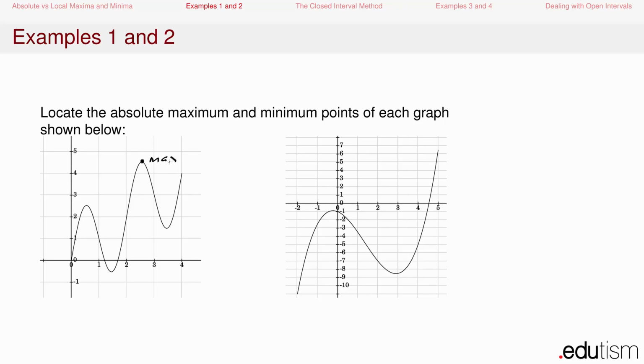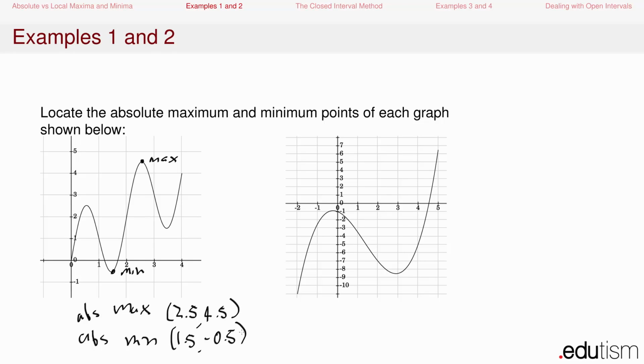That's going to be the absolute maximum point. The lowest point is down here, which is going to be the absolute minimum point. So we say the absolute maximum point is about (2.5, 4.5), and the absolute minimum point is about (1.5, -0.5).